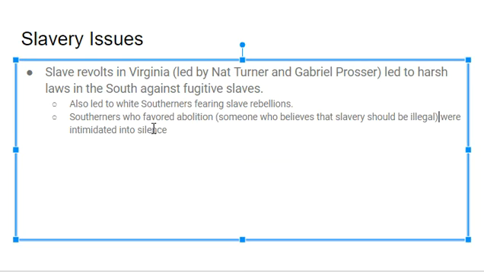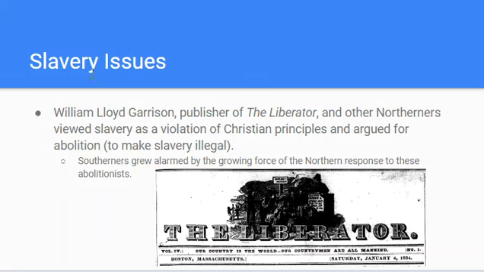So if you lived in the South and you said, I think slavery is bad, they were going to intimidate you. They're going to scare you. They're probably going to beat you up. They'd threaten to kill you. The South believed that there should be slaves.